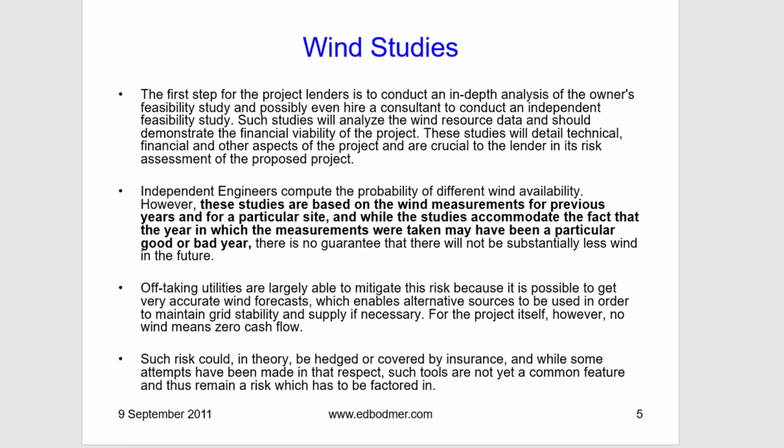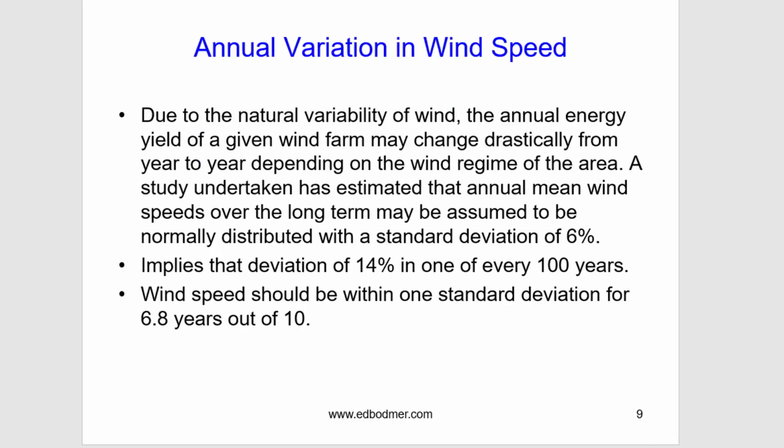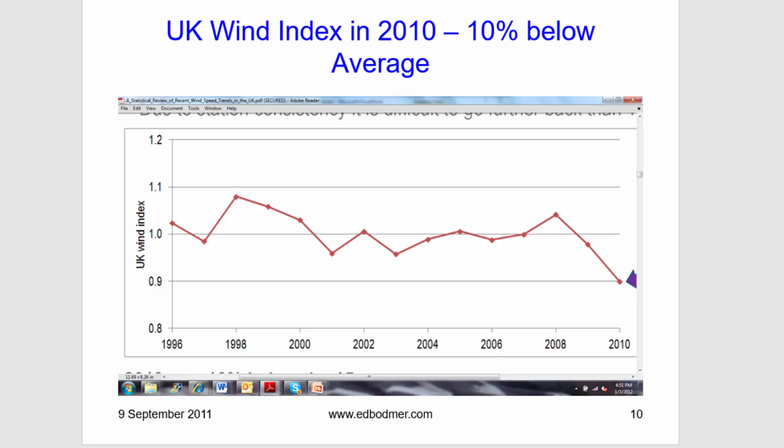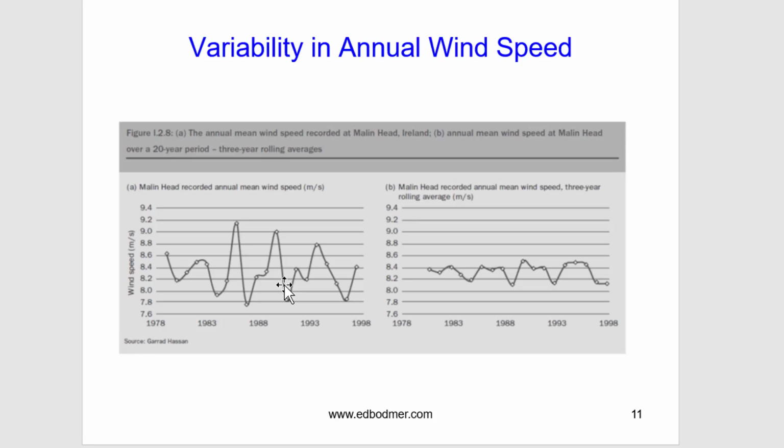Now, there are these wind studies, of course, and there's this annual variation in the wind. This is the historic variation in the wind for the UK, for example. You can see it got 10% below the average and 10% above the average.